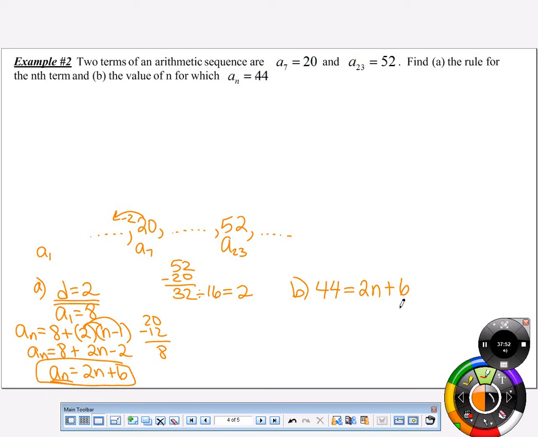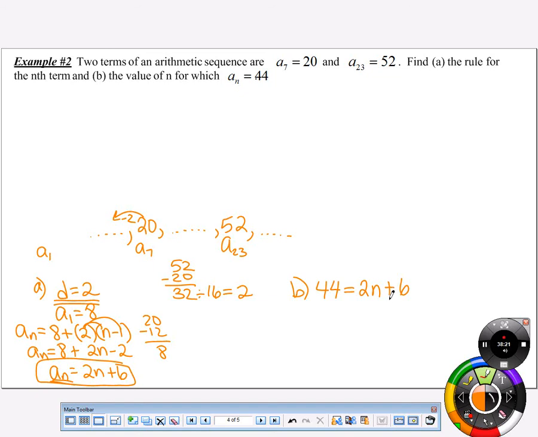Before I finish solving it, approximately around which terms should it be? Look at what you know so far about your sequence, because we want to make sure our results are valid. So as I'm doing this, 44, where would it be in the list? Would it be before the 7th term, between the 7th and 23rd term, after the 23rd term? Between these. If I get something different than that, I have a problem. Don't leave that and box it because you think it was all perfect. Make sure your mind is thinking about if it actually fits with the information you were given, okay?